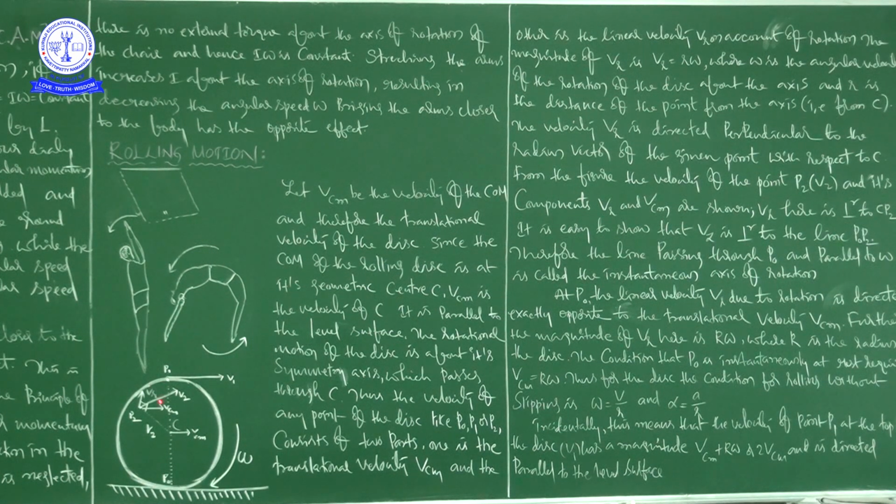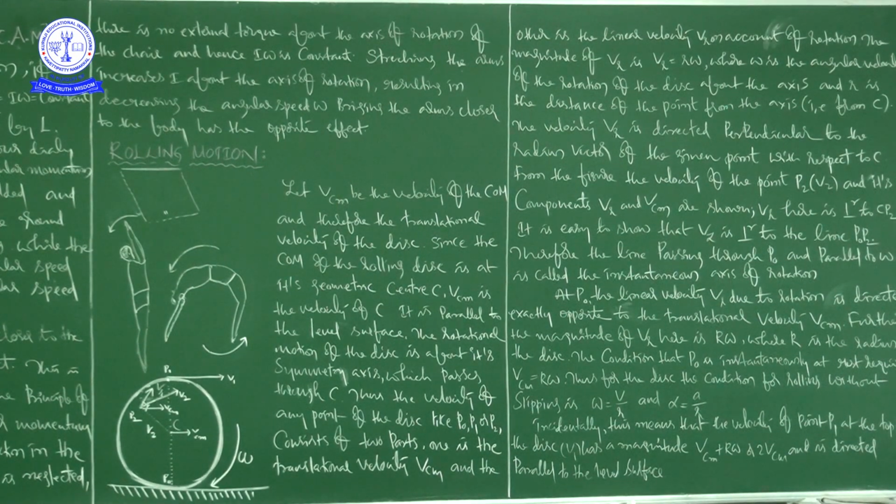So here you can see, this is VR, this is VCM, this is V2. And VR is perpendicular to CP2. It is C, it is P2, and this VR is perpendicular. This is a 90 degrees angle. So if you see clearly, you can observe, right?